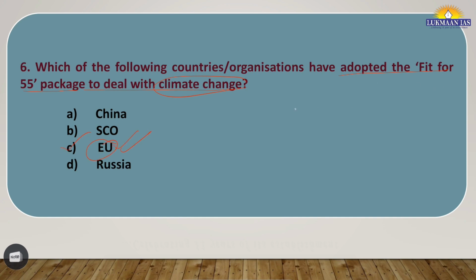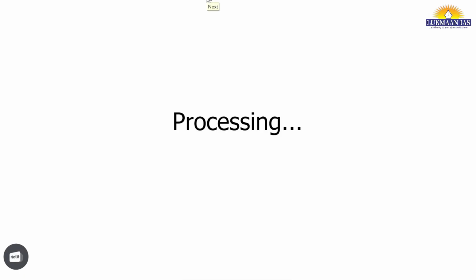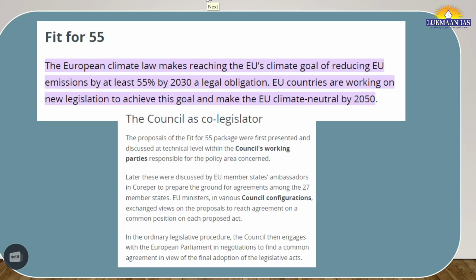Remember, European countries have decided to reduce the greenhouse gases by 55% since 1990 levels, we can say, by 2030. This is the target. 55% से रिड्यूस करना है. So European Union, remember this, we can expect question in prelims examination. Fit for 55. Okay.